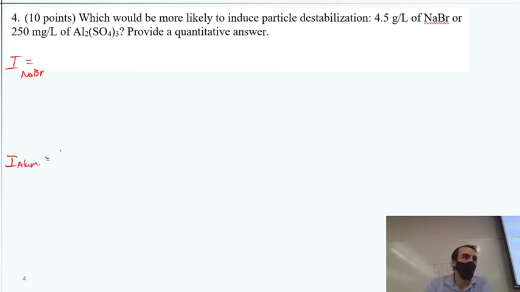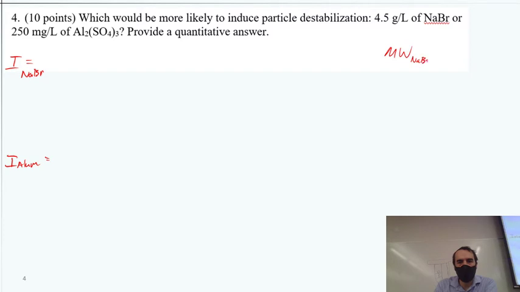So in order to give a quantitative answer, this is what I was expecting. In order to find these, we'd need the molecular weight, all of those things. I'm just going to breeze through it because I trust you're all able to do this.